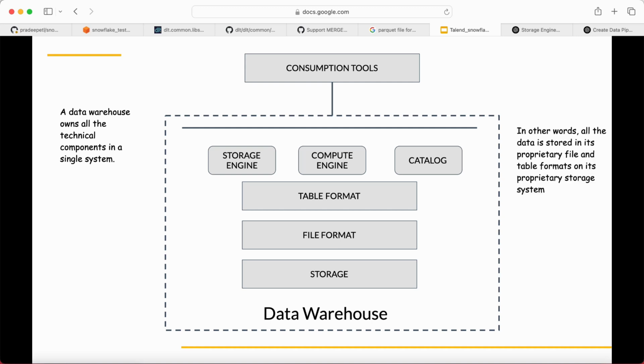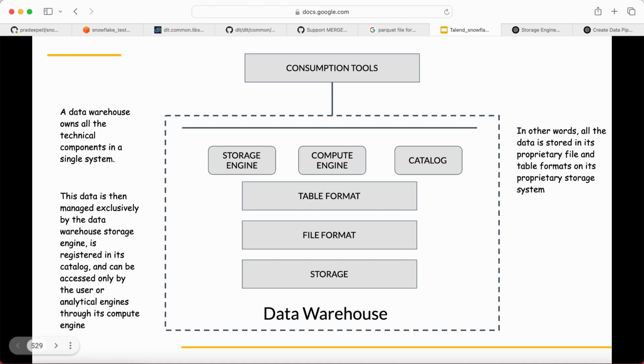In other words, all the data is stored in its proprietary file format on its proprietary storage system. So all of these components become proprietary, which means they belong to a particular company.